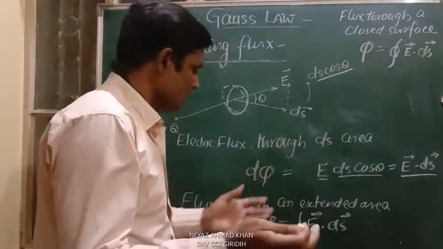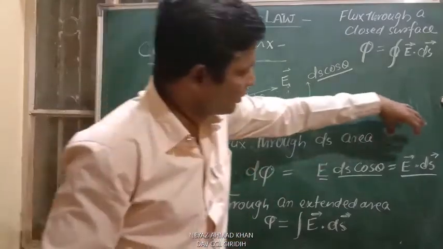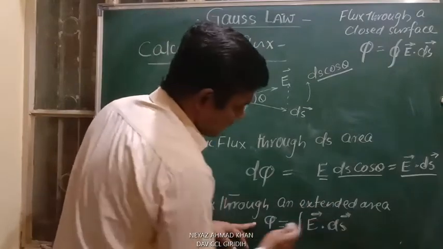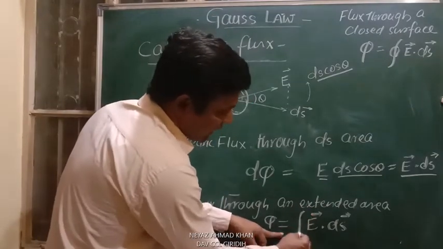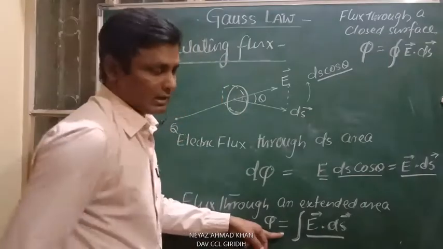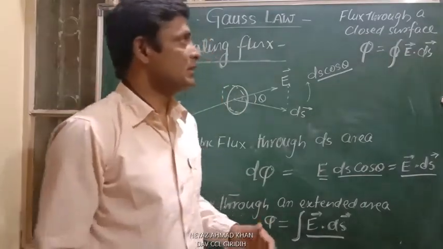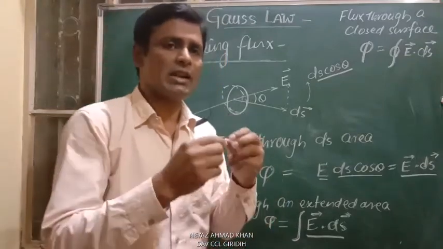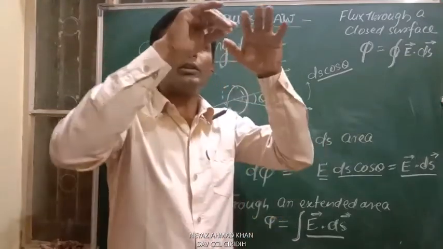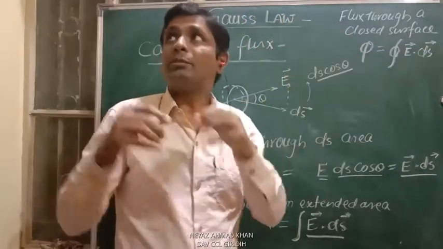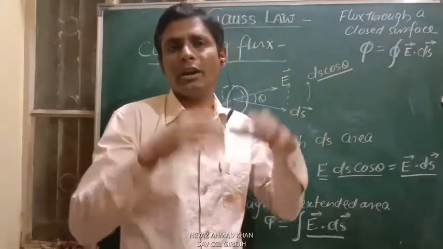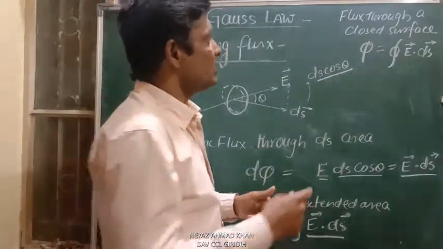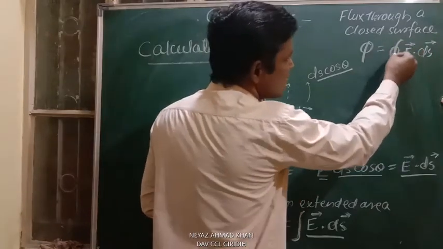Now if the area is large or vast, we can calculate by integrating that small amount of electric flux through the small areas. So the flux phi through an extended area can be obtained by integrating the small flux d phi. But if the area is a closed surface, suppose the charge is inside a potato, then the surface of the potato, or the surface of a room or a body, is a closed surface, and in that case we denote the integration with a circle on the integral sign.